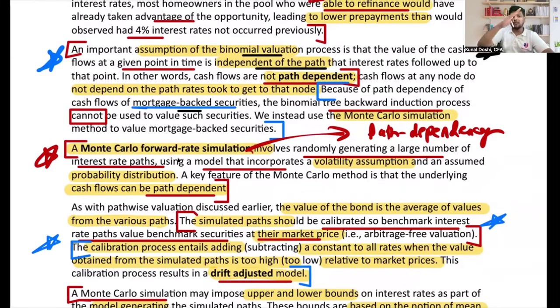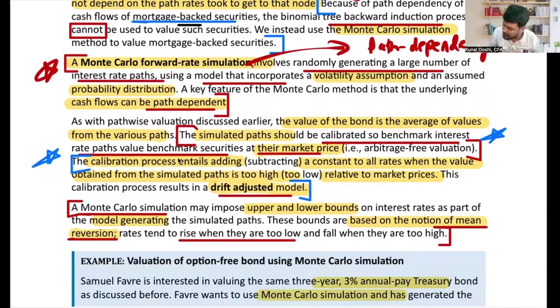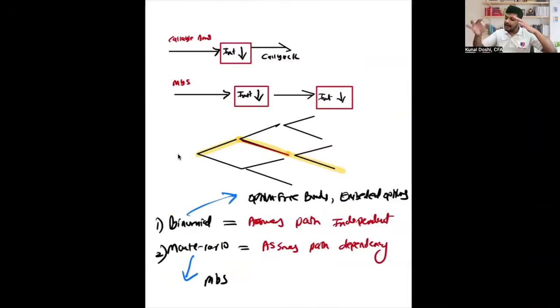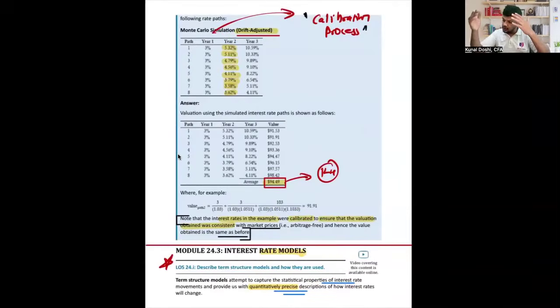So their path will not be consistent. They are path dependent, and therefore you need to adjust for this, which is what we call a drift adjustment, called the calibration process. It is very difficult to do manually, so we use Monte Carlo simulation, where we see multiple angles. This is not possible manually, so we use the help of Monte Carlo simulation to process it.